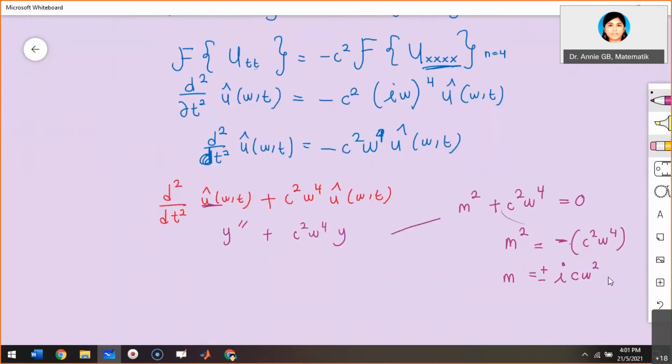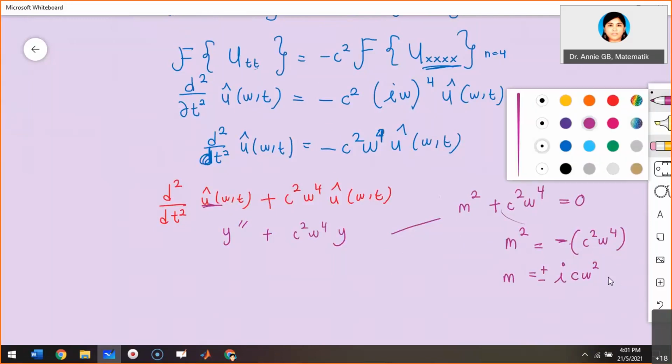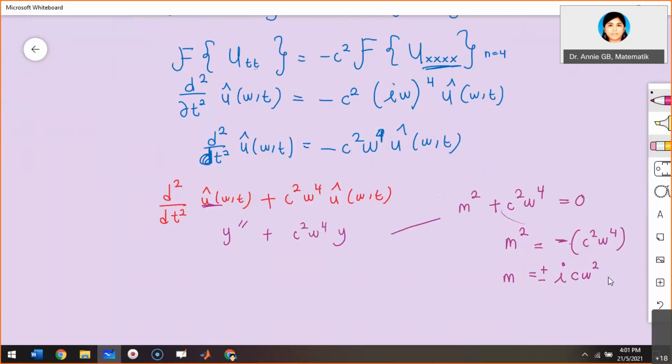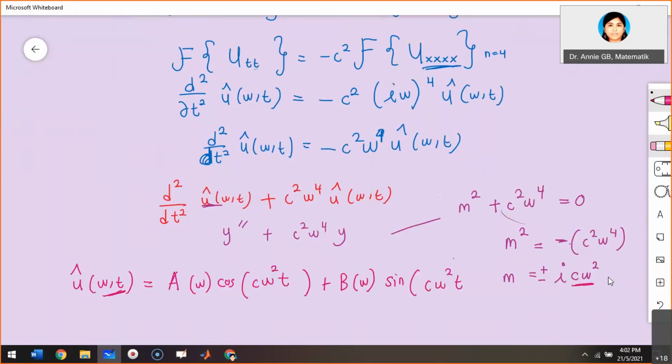You have a complex root where your solution for complex root, ingat kita bukan solve for y, kita solve for u hat. So u hat omega t equals to a omega constant, sin ke cos ke? Cos. Beta. Beta saya adalah c omega squared t, plus b omega sin c omega squared t.